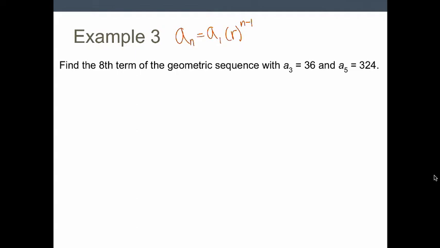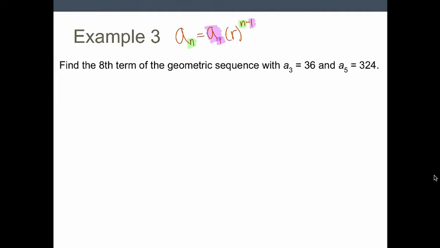Now, just like when we used our general formula in 9.3 for things that are arithmetic, these subscripts and numbers within this formula are connected. So whatever I plug in for n for the subscript needs to be what I plug in for n in the actual formula itself. A sub 1 here has a subscript of 1.